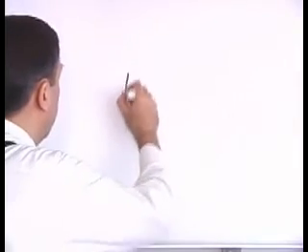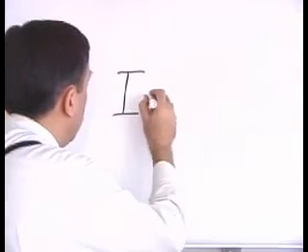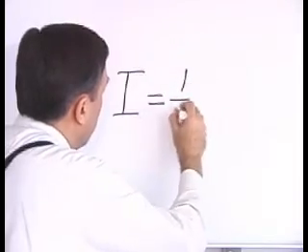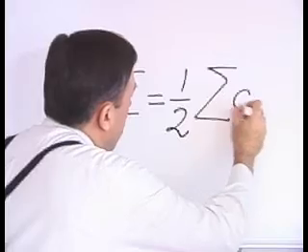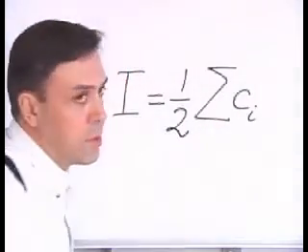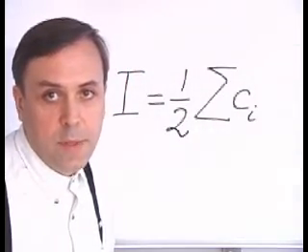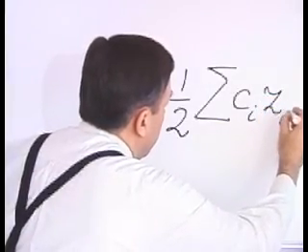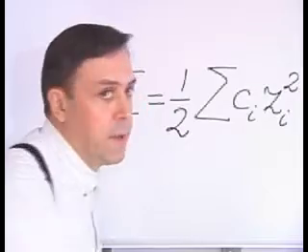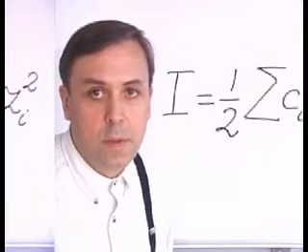Thus, to characterize the ionic solution, a quantity called ionic strength is defined, which has the following form, where Ci is the concentration of the ions of a given type, and Z is the valency of these ions.